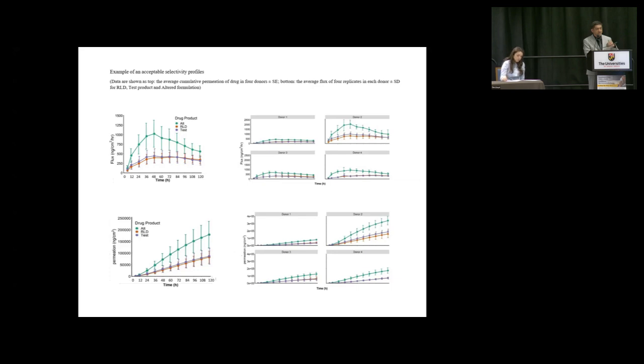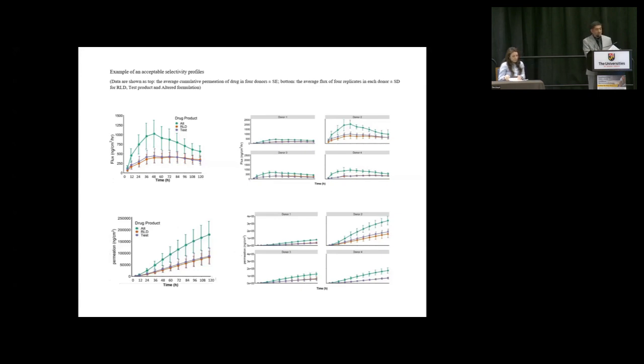The individual replicates are sufficiently discriminating from the control, that is the test and reference dose, which proves that the obtained IVPT profile demonstrates discrimination against the altered formulation. So we deduce that the presented flux profile is discriminative and selective.